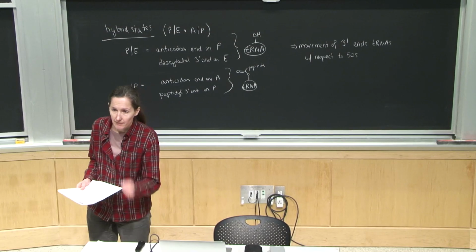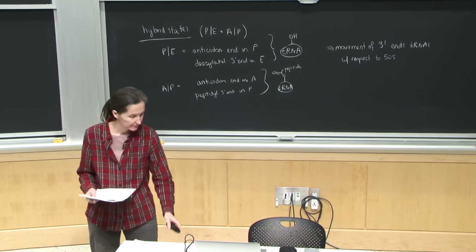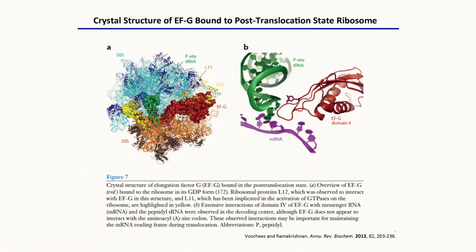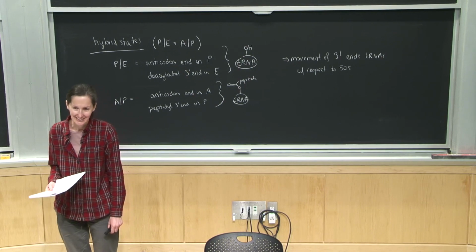So, and then, yes? It's kind of from like 2 slides back. That's okay. So on EFG, where you have that anticodon-looking loop, there's no hydrogen bonding interacting with the transcript. Is that the takeaway? Can we say that based on what I'm showing you on this slide? I can't tell what the actual hydrogen bonding interactions are.